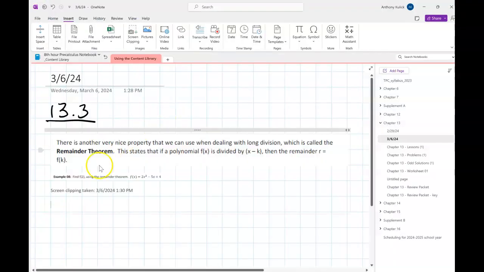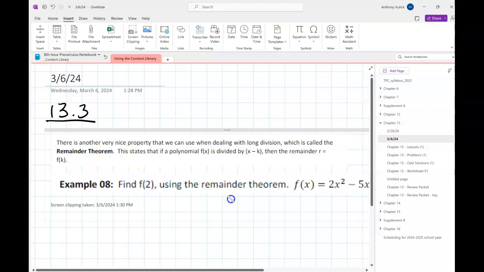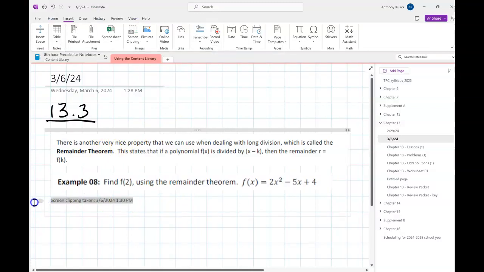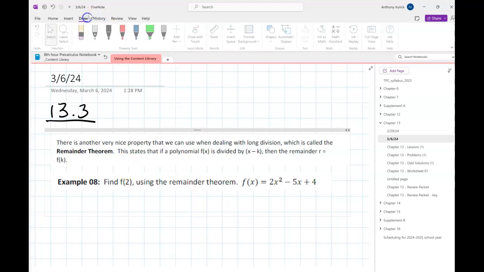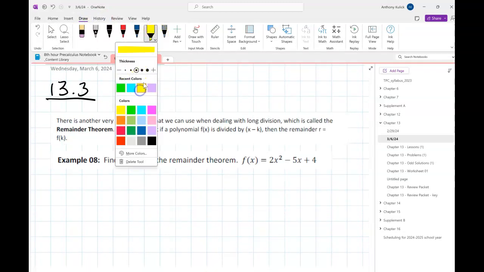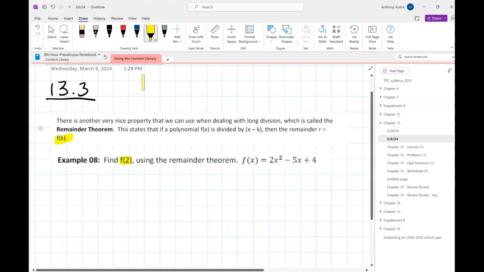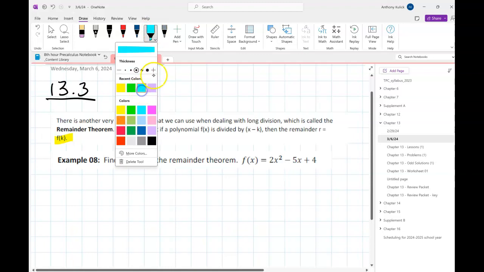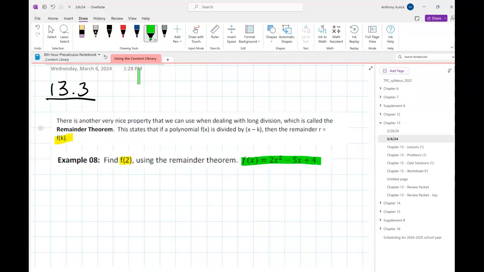So, for example, if we wanted to apply this, it says find f of 2 using the remainder theorem. So I know that to do that, f of 2 is like my f of k, and my f of x is this guy.